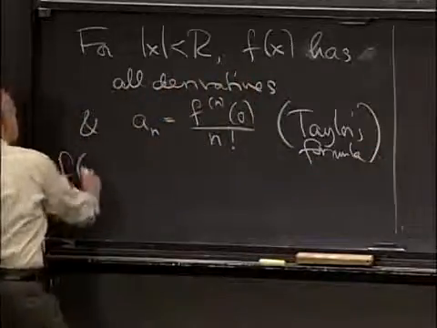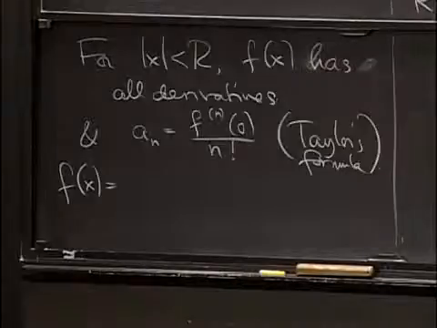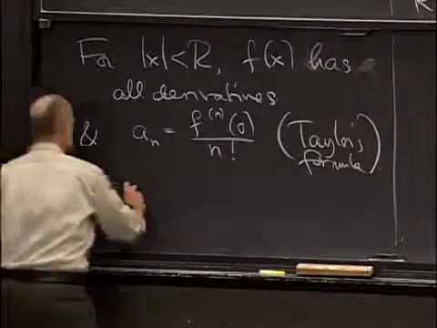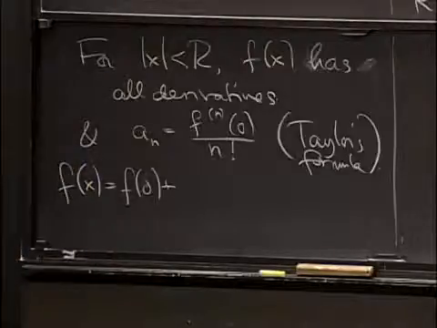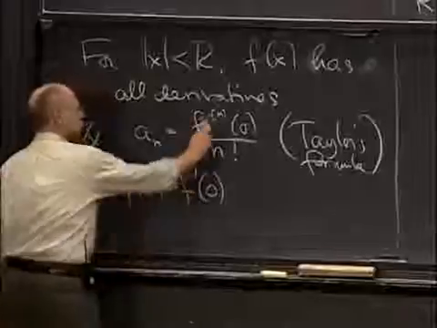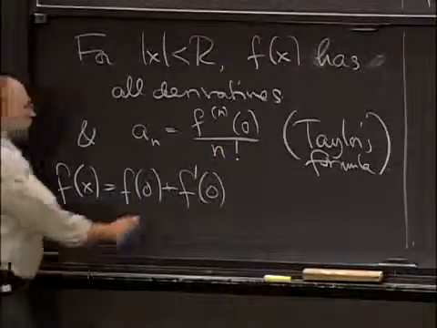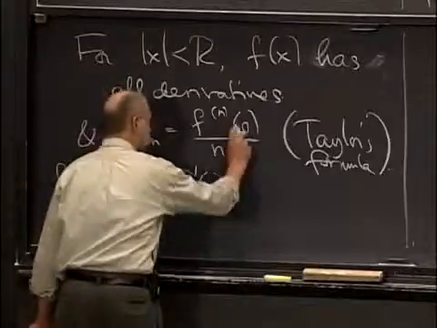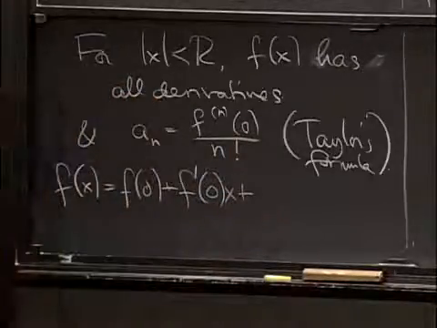So I'm saying that inside of this radius of convergence, the function that we're looking at, this f of x, can be written as the value of the function at 0, that's a sub 0, plus the value of the derivative. This bracket n means you take the derivative n times. So when n is 1, you take the derivative once at 0, divide it by 1 factorial, which is 1, and multiply it by x.